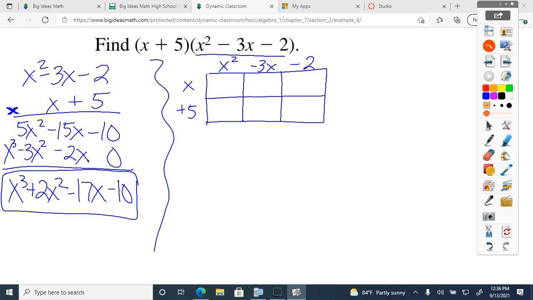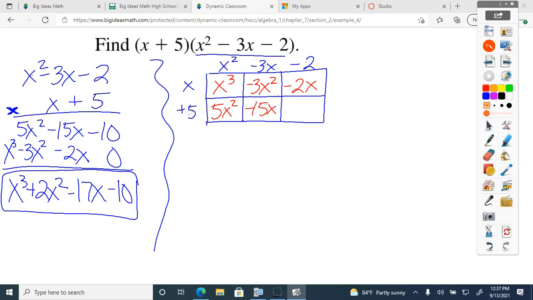X squared times x is x to the third. X times negative 3x is negative 3x squared. X times negative 2 is negative 2x. 5 times x squared is 5x squared. 5 times negative 3x is negative 15x.